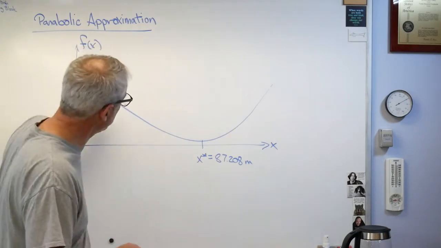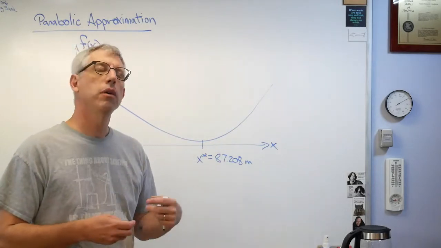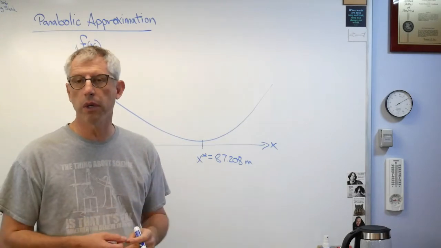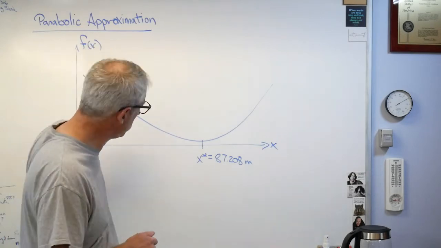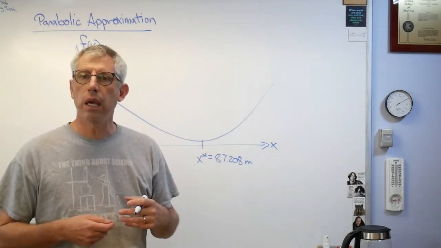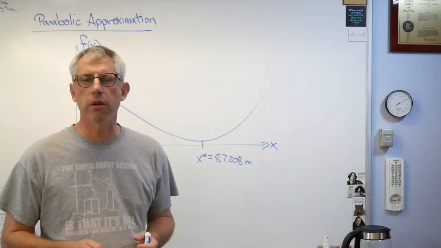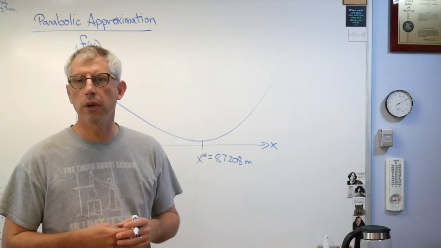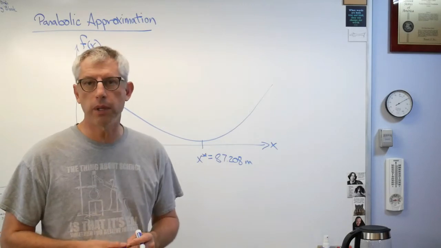In order to draw a picture, you have to evaluate the function a whole bunch of times. For the sample problems we're using as learning exercises, calculating it a whole bunch of times isn't very hard, so it's easy to draw these. In practical problems, and I don't want to say real world, but in industrial problems or problems of scientific or engineering interest, calculating the objective function can be a very expensive thing to do.